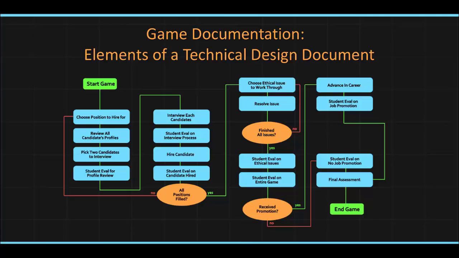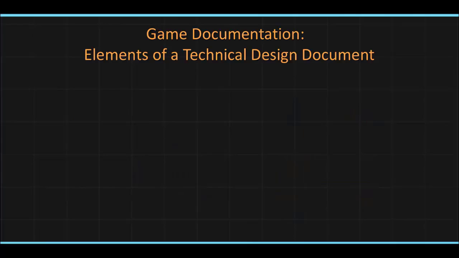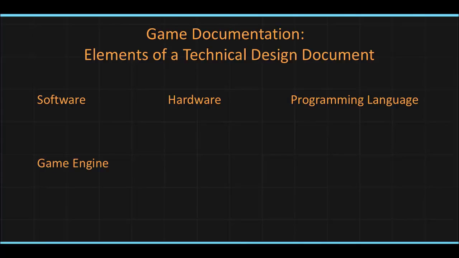Where the game design document lays out the gameplay, plot, and visuals of the game, the technical design document will show the actual technical components that will make the game work. So these elements are going to broadly include software, hardware, programming language, the game engine, data sharing and networking, and sound software.